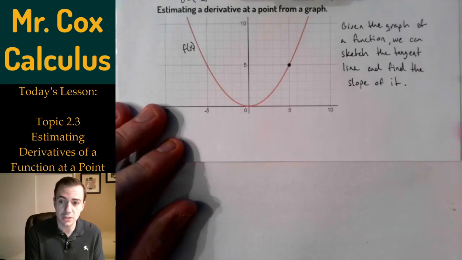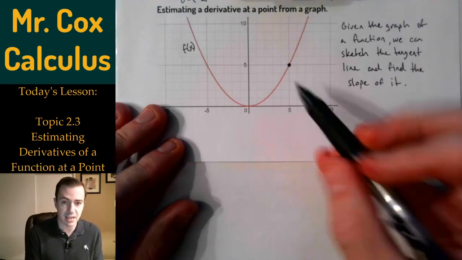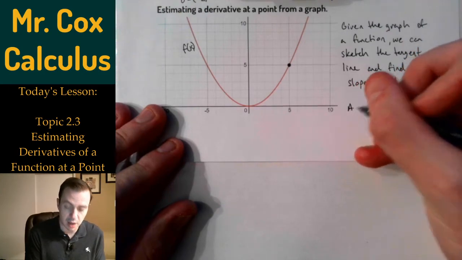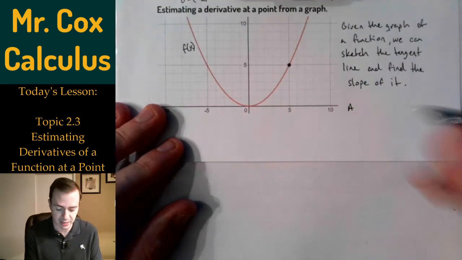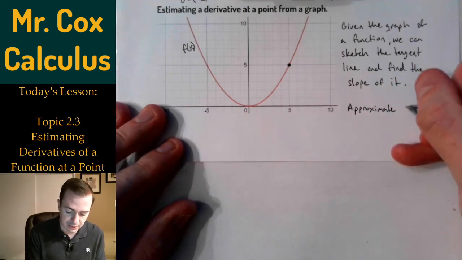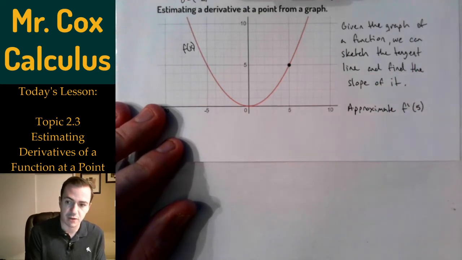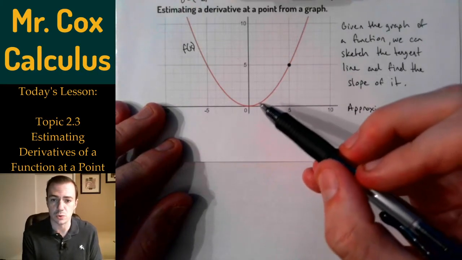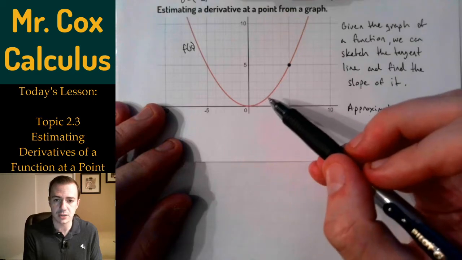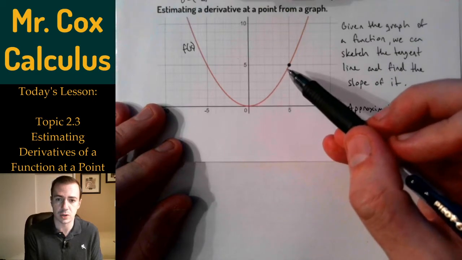So let's use this technique to see if we can approximate the instantaneous rate of change of this function f of x at x equals 5. So what we're trying to approximate is f prime of 5. I'm going to get a straight edge here in just a second, but if I trace over this function, I get a pretty general idea.